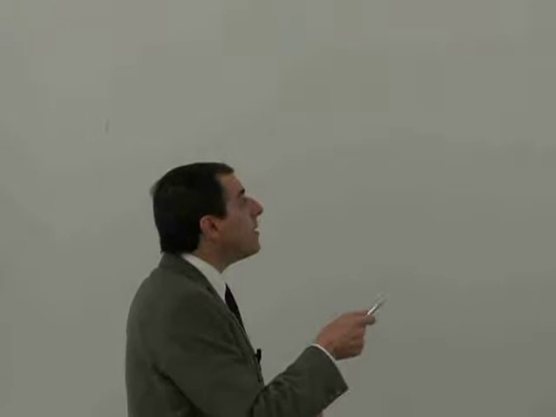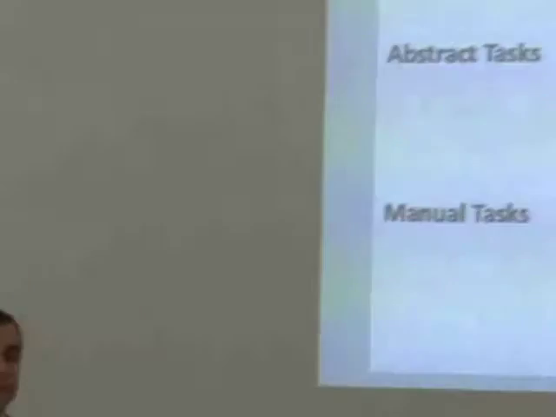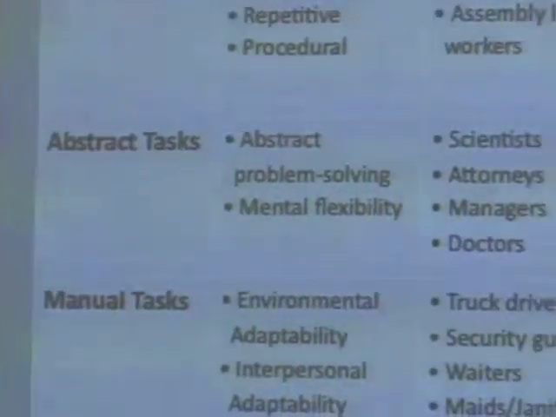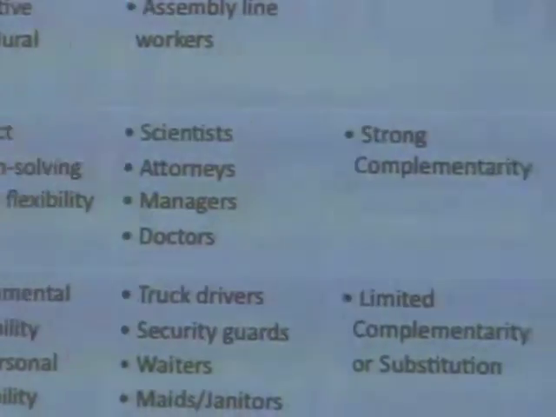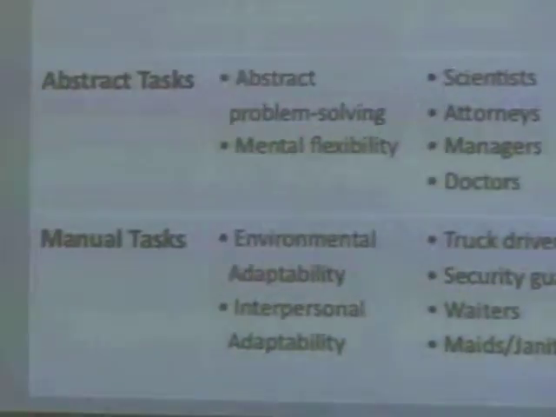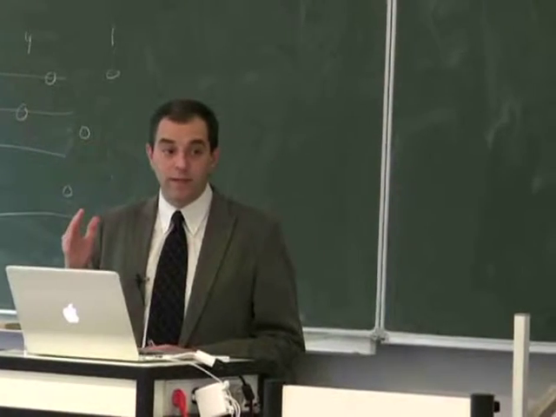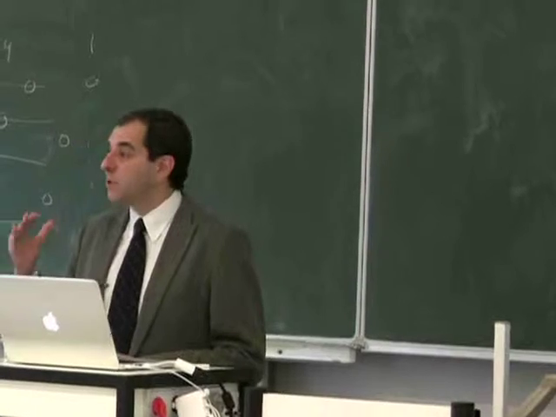Okay, now moving on to these others, obviously for these abstract tasks, these problem-solving tasks, mental flexibility tasks, we think there's much, much less scope for substitution, and in fact it's quite plausible to argue that there are strong complementarities there, right? Basically, if you're in a profession that uses information intensively, if you're a doctor, an attorney, an economist, a scientist, the availability of cheap information processing is valuable to you at the margin.